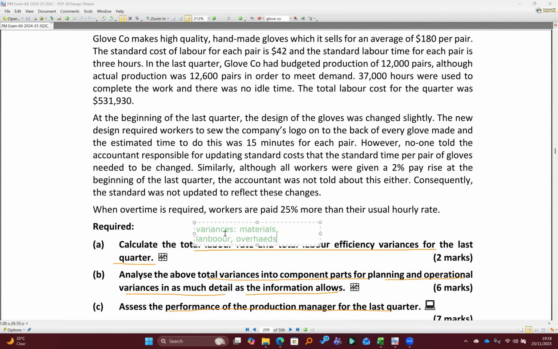You need to know that these variances can be split further. The variances we saw in management accounting for the level 1 paper are the ones you continue with here, but they are split further. And you need to know what these variances mean and, of course, how to calculate them.